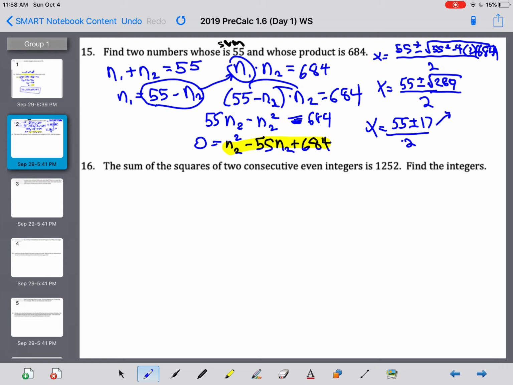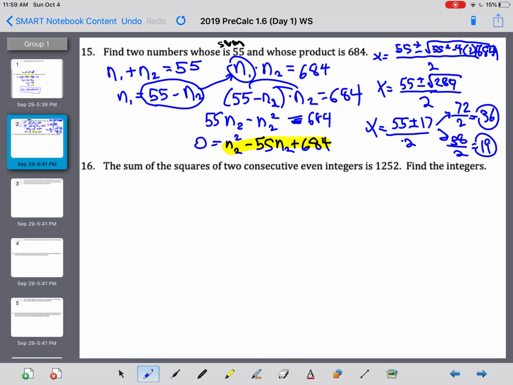So I'm going to get 72 divided by 2, and 38 divided by 2. That means my two answers are 36 and 19. So those are my two answers to this problem. Sorry about the delay there.